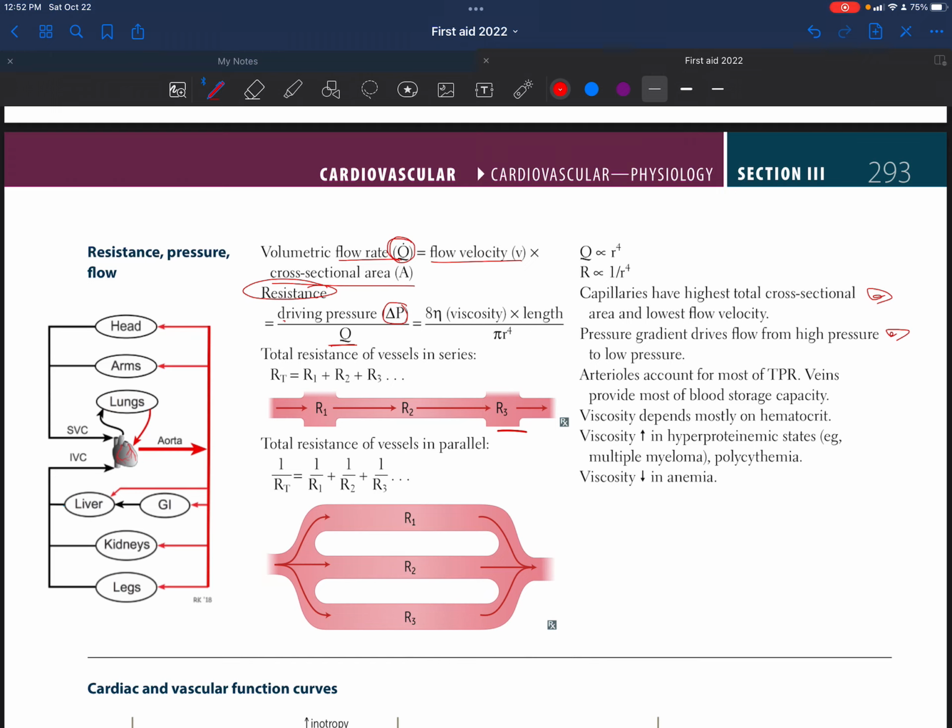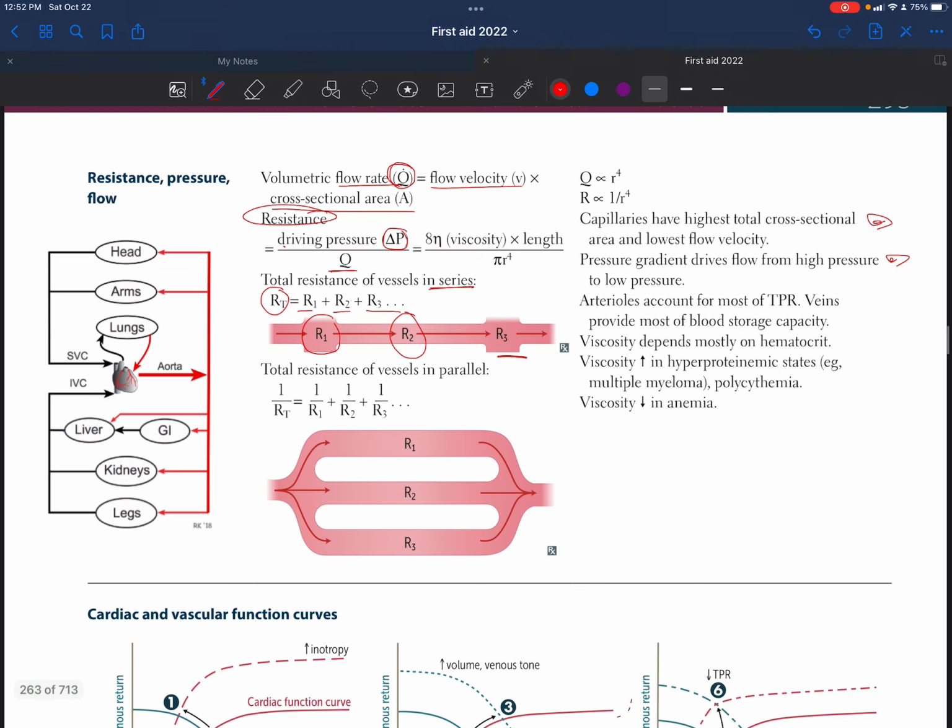So what we have, like we probably studied this in physics, is two ways to calculate the resistance. If there are resistances following one another in a serial manner, like in series, the total resistance of all the resistances over here is just R1 plus R2 plus R3.